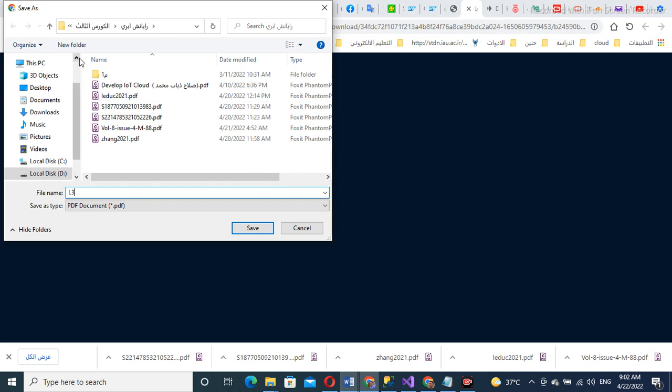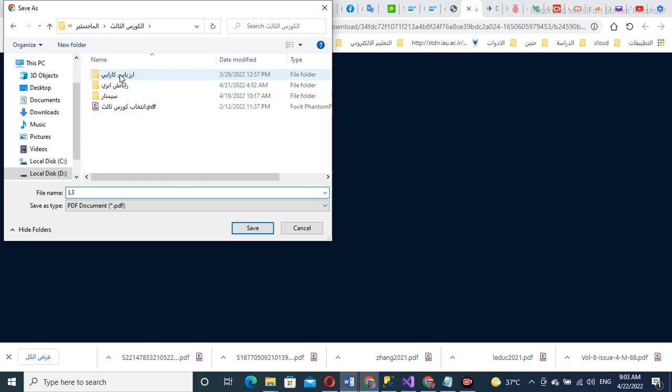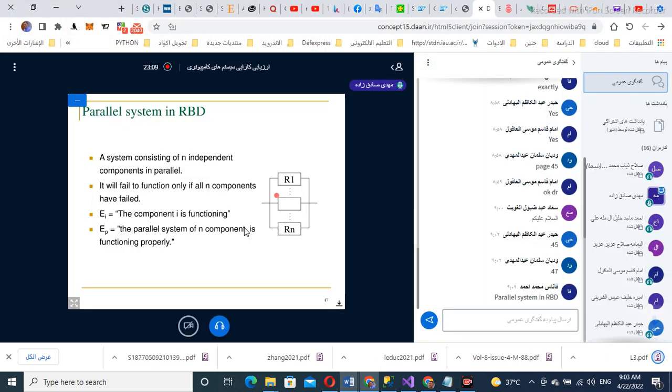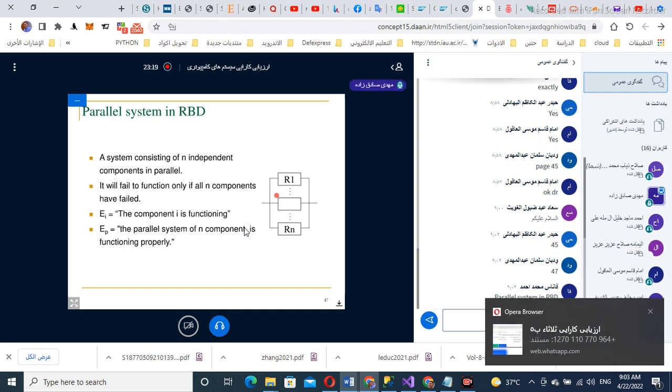But if at least one of these components can work, the system can continue to work. Ei is the event that component i is functioning, and Ep, the parallel system of n components, is functioning properly.